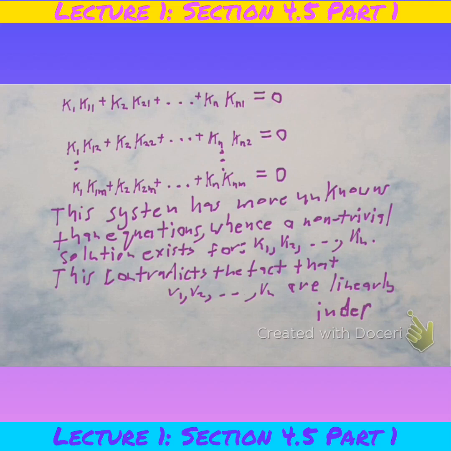Therefore it contradicts the fact that v1, v2, up until vn are in fact linearly independent, because we can find a non-trivial solution for the k's. So if you have a set of fewer vectors than the basis, then that set cannot span the whole vector space V.